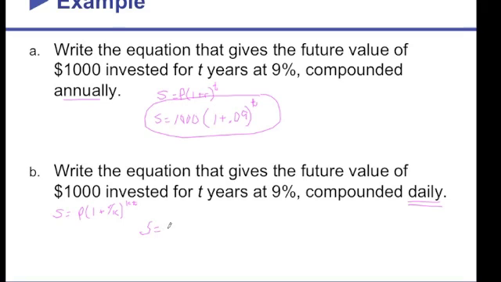So S will equal my $1,000 times 1 plus, now this time the 0.09 is divided by daily, which is 365, and then we're going to raise that to 365 times T for my KT. This will be my formula for compounded daily.